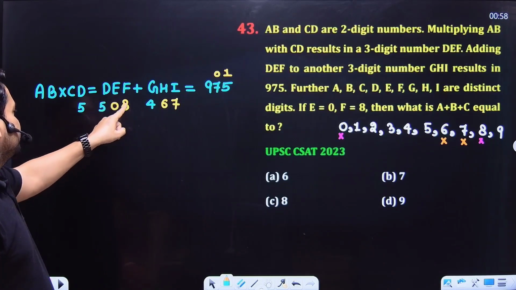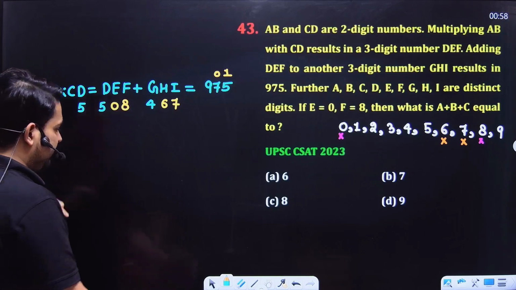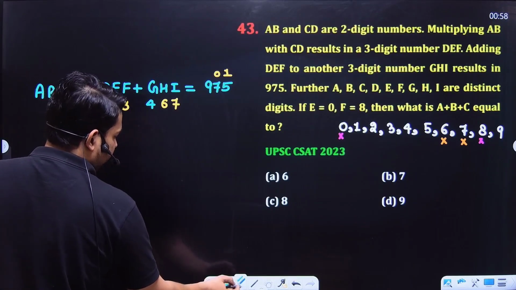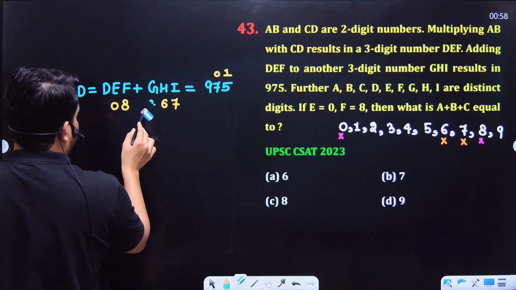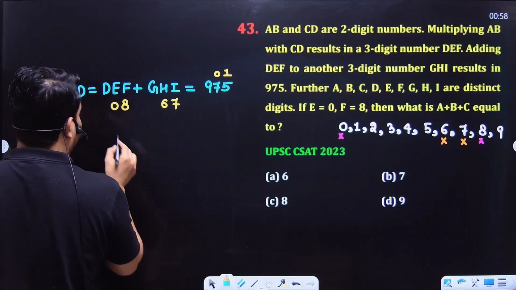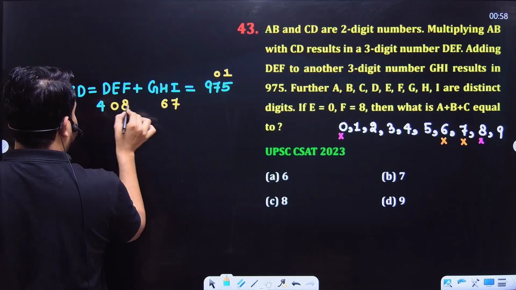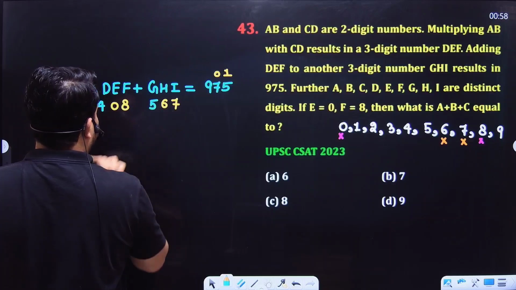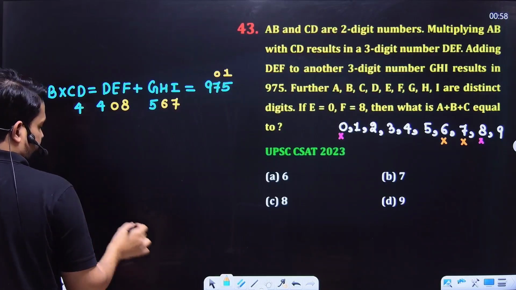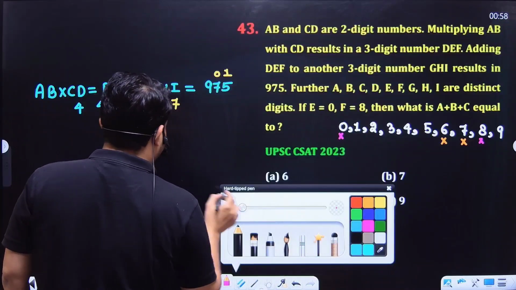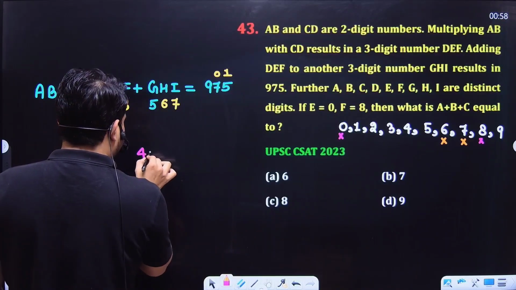Here the unit digit is 8, so we cannot take that. We will take 4 here and 5 here. So we have a number 408.